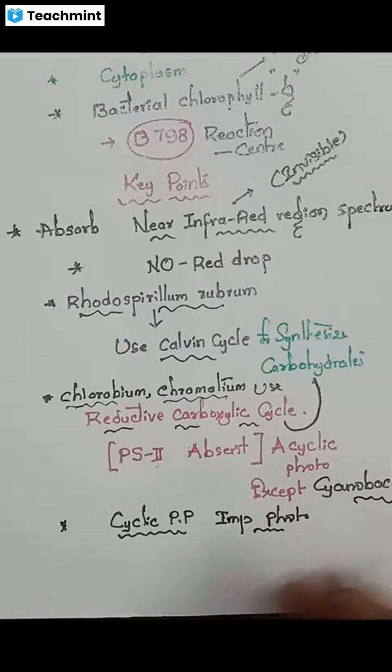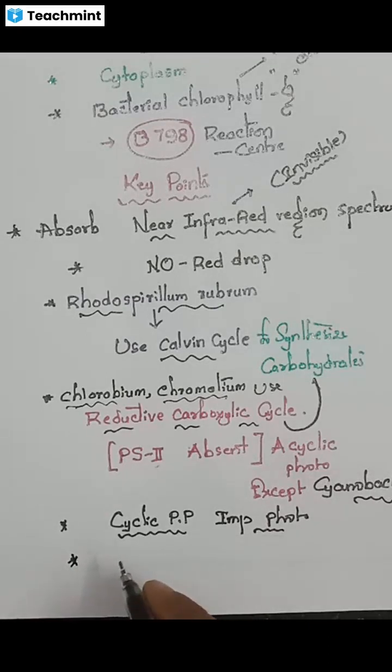In photophosphorylation, generally 2 ATP molecules are produced in each turn of cyclic photophosphorylation in all plants.